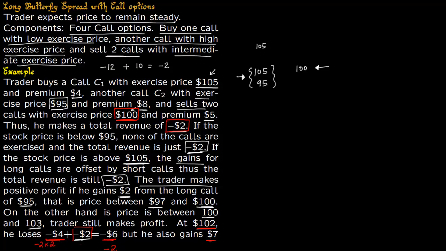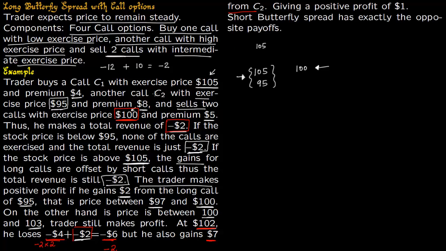But he also gains $7 from exercising call 2. The stock price right now is 102 and people are going to exercise the calls at 100, so he is going to lose $2 there, but he is also going to gain $7 by utilizing his call option of $95.